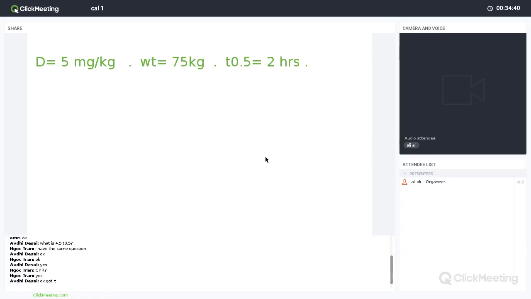Then the volume of distribution equals 0.28 liter per kg. Then, what is the initial plasma concentration for this patient?